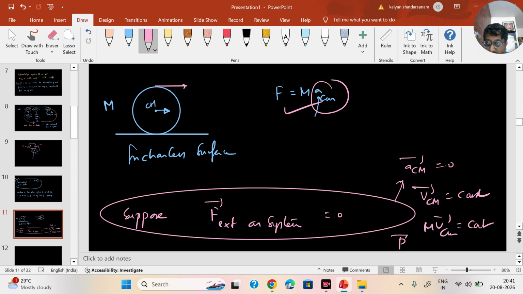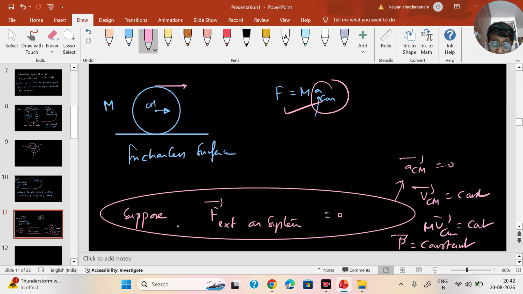Means momentum of the system is constant. That is the law of conservation of momentum in its exact form. See the beauty? If external force on a group of particles is zero, momentum of those particles will be conserved. One particle's momentum may increase, other may decrease, but total momentum will remain the same. This is an important concept.